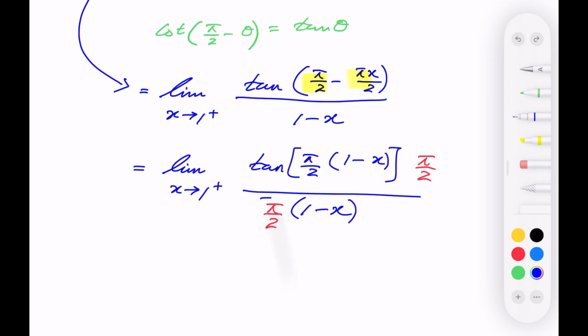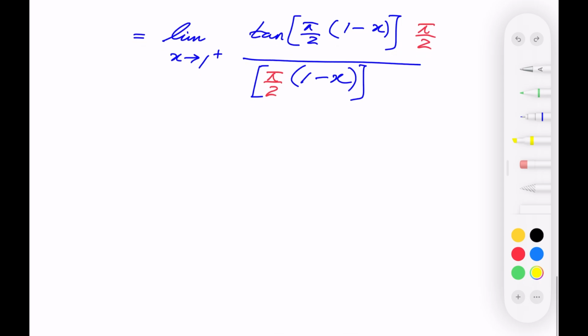Now if I look at this denominator completely as one whole thing, we can see that we have tangent of a figure divided by that exact same figure. Now all we need is the limit of that figure to approach 0. Now we will see if that's the case. In fact, if your x approaches 1, what can you say about 1 minus x?